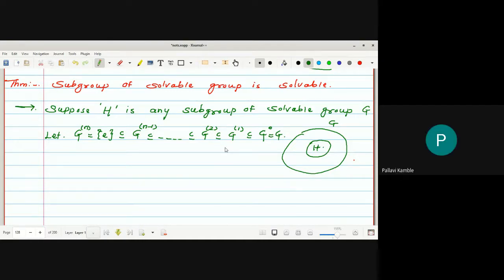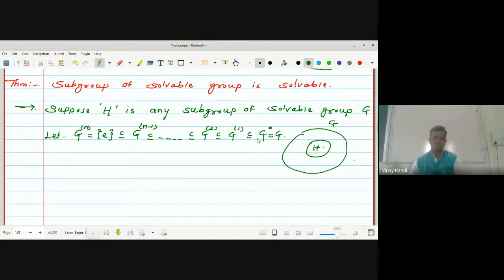As we take derived subgroups, the subgroup keeps getting smaller. So if the nth derived subgroup of G is equal to the singleton {e}, that means G is solvable. So G is solvable is given to us.